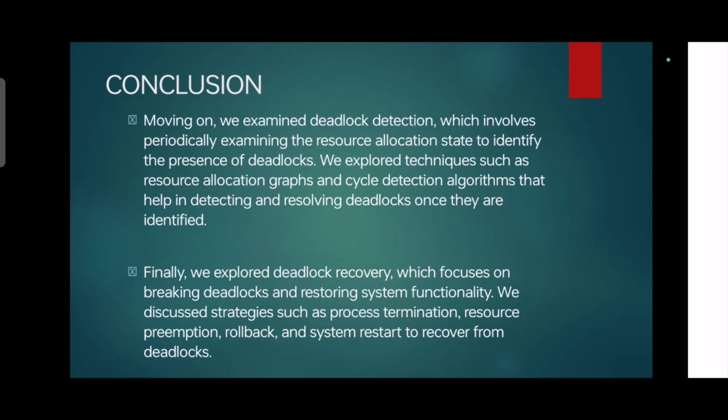We explored techniques such as resource allocation graphs and cycle detection algorithms that help in detecting and resolving deadlocks once they are identified. Finally, we explored deadlock recovery, which focuses on breaking deadlocks and restoring system functionality. We discussed strategies such as process termination, resource preemption, rollback, and system restart to recover from deadlocks.